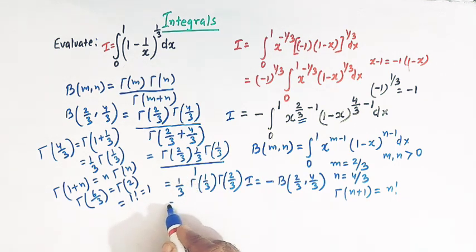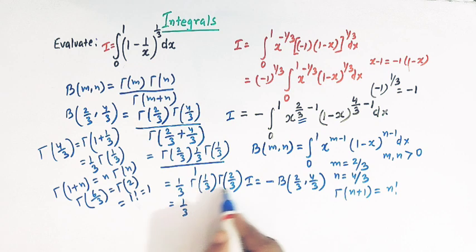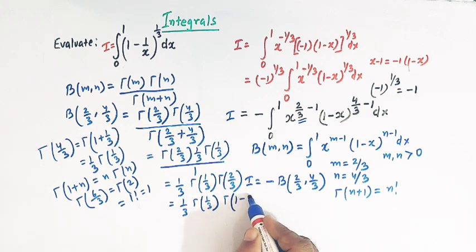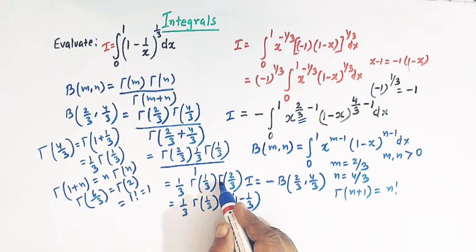Okay, now see, we can write this expression as gamma of 1 over 3, and here we have gamma of 2 by 3, which can be written as 1 minus 1 over 3, because 3 ones are 3, 3 minus 1 is 2. So gamma 2 over 3 is gamma of 1 minus 1 over 3.